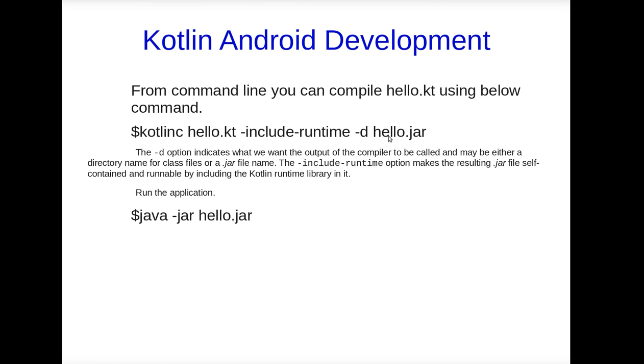Hello.jar is the jar file being created, and that jar file will be run through the java -jar command. So it will print hello world. This is how we work from the command line.